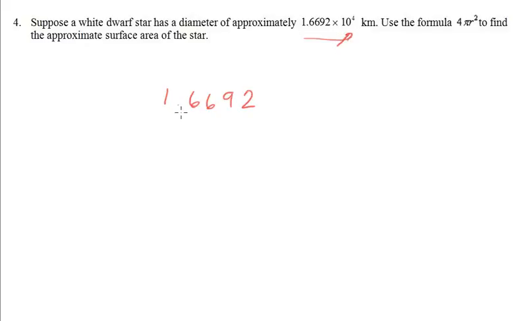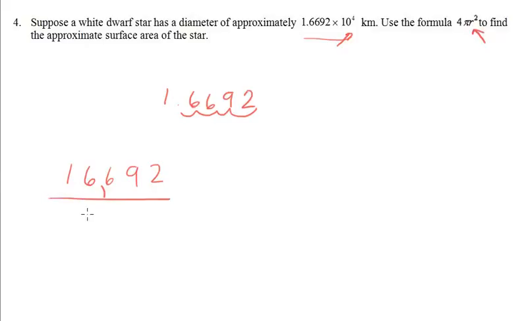That just means we're moving the decimal point 1, 2, 3, 4 places, so the diameter is 16,692. We have to figure out our radius, and that's half the diameter.